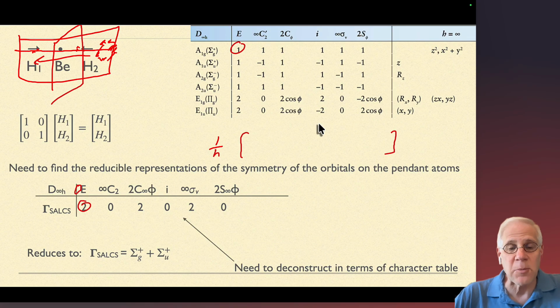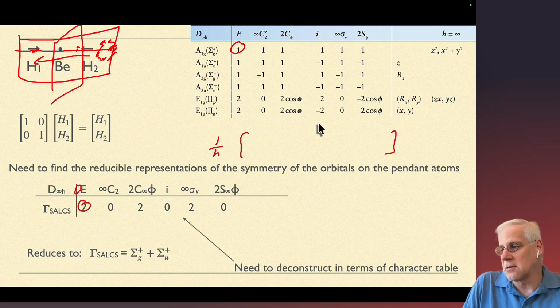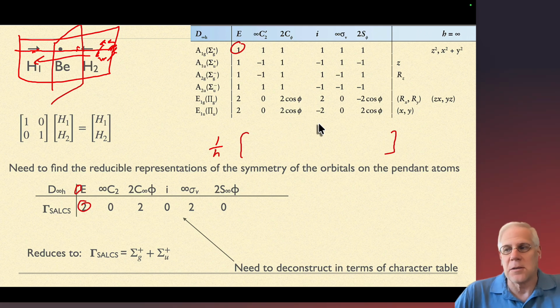Like I said, there is another method that would allow you to use the projection operator. It involves looking at a lower symmetry molecule, which for us would be a D2h molecule, and then going through our projection operator calculation again that we did here, and then taking the representations from the D2h using something called a correlation table and saying, okay, what does that representation correlate to in the D infinity h?